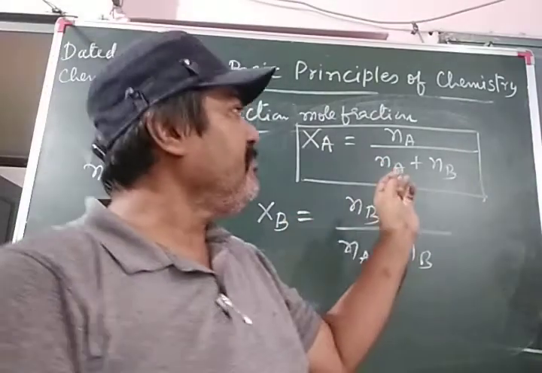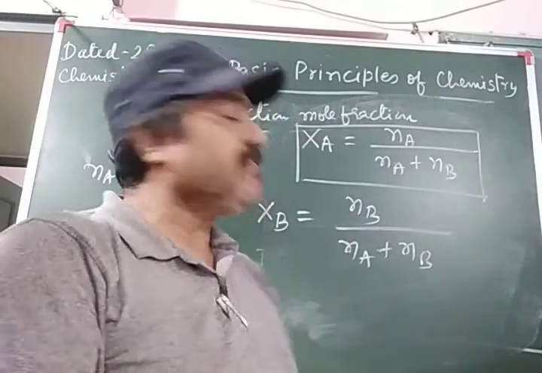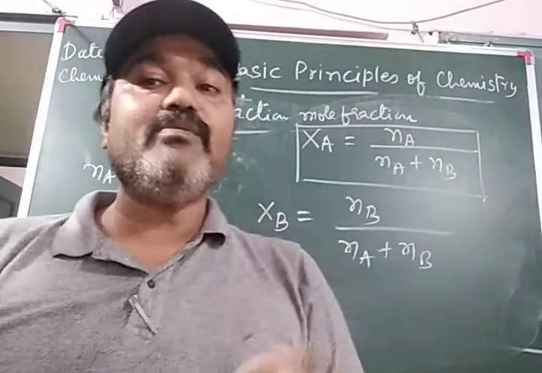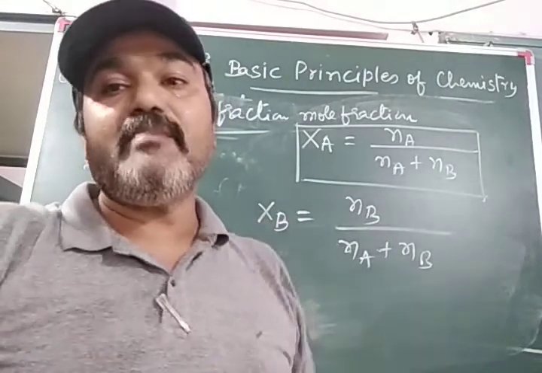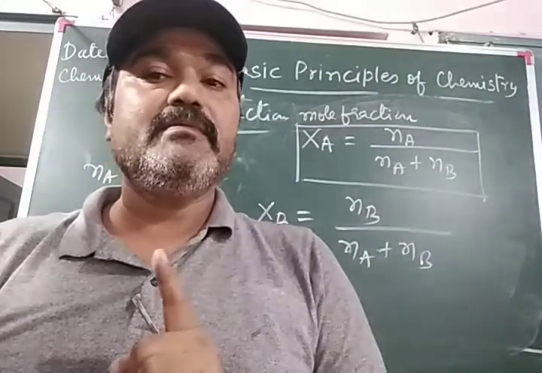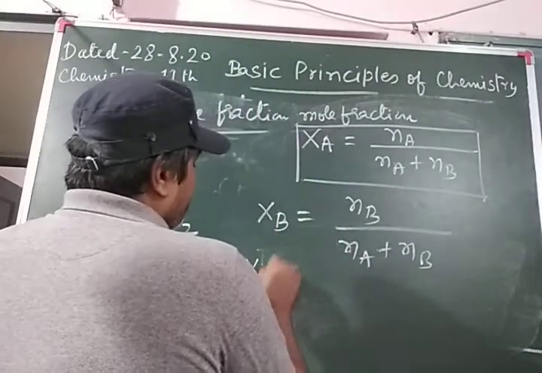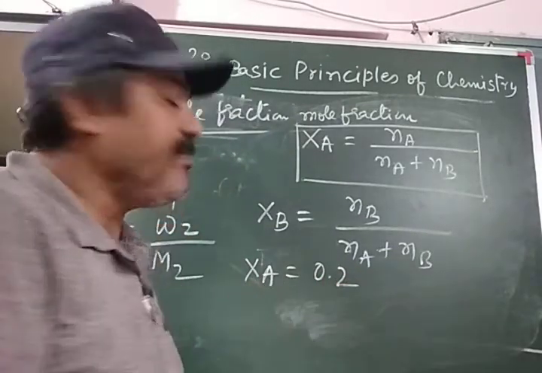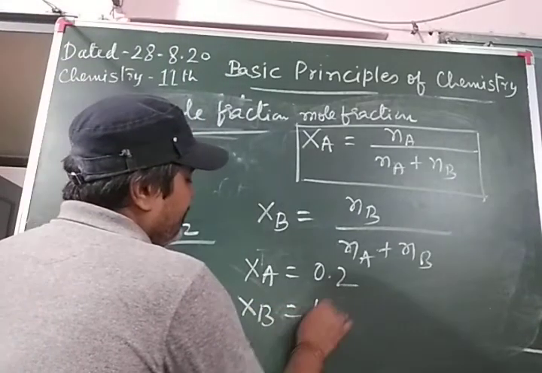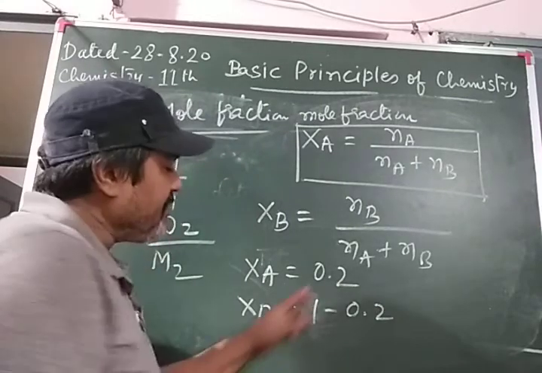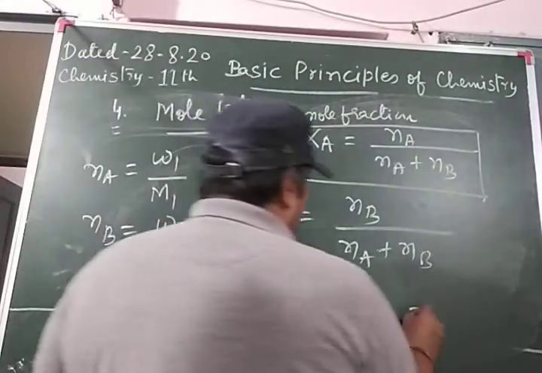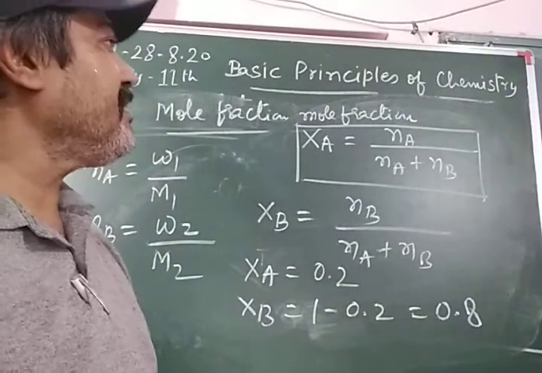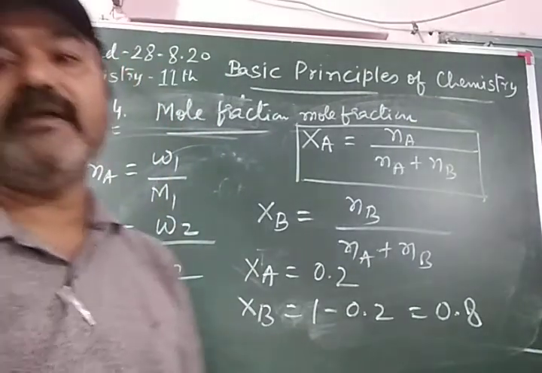So in this case, if we are able to find out the mole fraction of one component, then the mole fraction of the second component can be easily calculated just by subtracting the mole fraction of the first one from 1. ठीक है. जैसे suppose मेरे को कोई सॉल्यूशन में XA equal to 0.2 आता है, ठीक है, meaning 0.2 is the mole fraction of A, then XB I can find out directly by subtracting the mole fraction of A from 1, that will be 0.8. Is it clear?